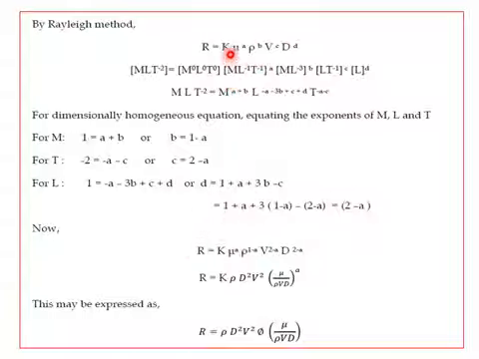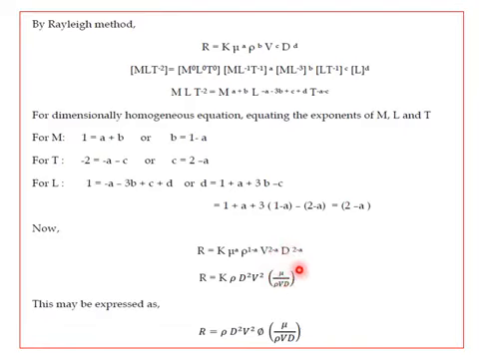Now since you know the powers, you can substitute here. R is equal to k mu to the power of a, rho to the power of 1 minus a because b is 1 minus a. Similarly c is 2 minus a and d is 2 minus a. So now you can write it as k, with rho, v square and d square taken out. What remains is mu to the power of a, rho to the power of minus a, v to the power of minus a, so v comes to the denominator, and d to the power of minus a.